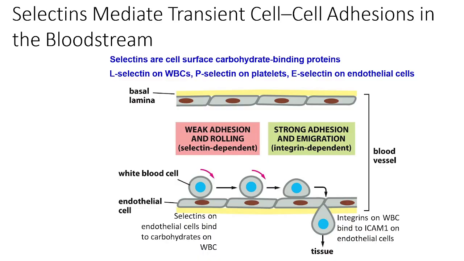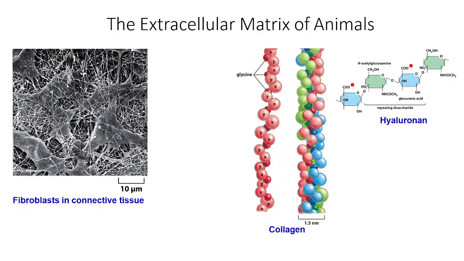During leukocyte rolling on blood vessel walls, selectins on endothelial cells bind the carbohydrate on the white blood cells, slowing them down, and then integrins on the white blood cells bind ICAM-1 on the endothelial cells to form stronger adhesions. This cascade allows the immune cells to exit the bloodstream at sites of inflammation.